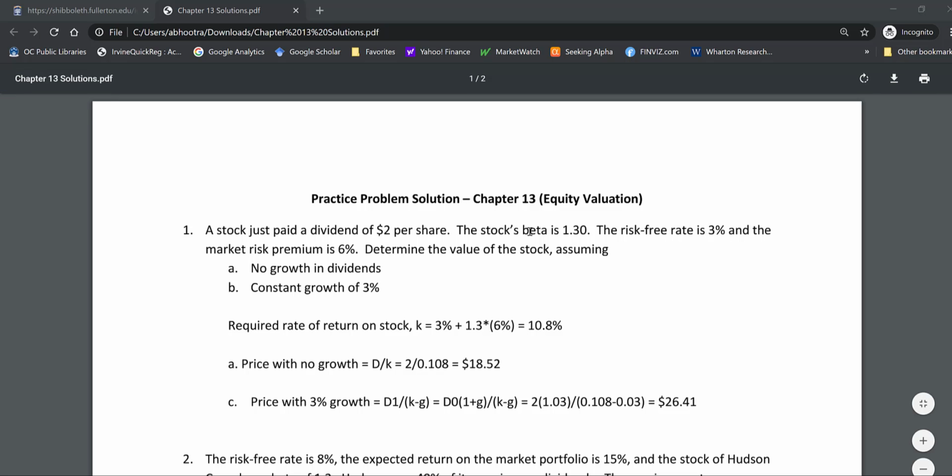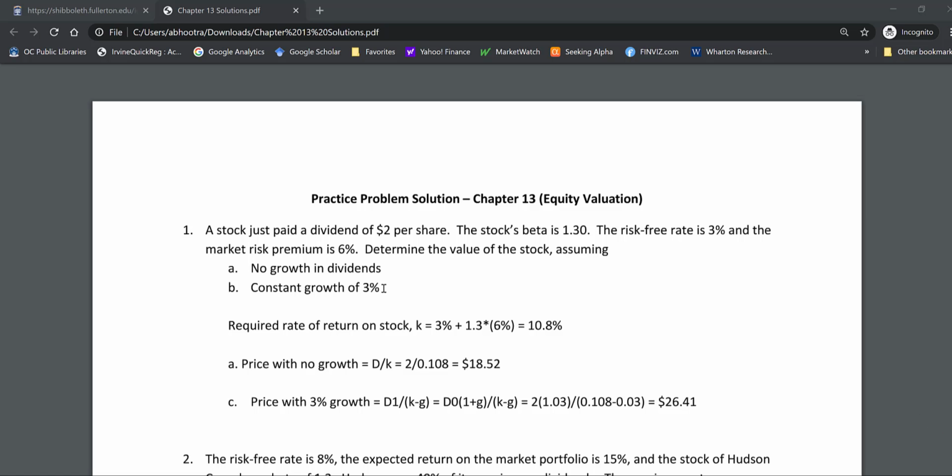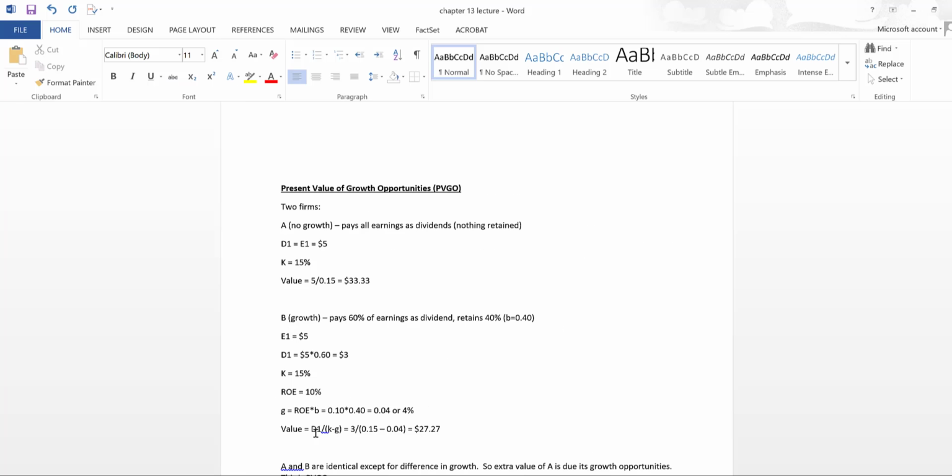So you have all the information for CAPM to compute the required rate of return. And you have to determine the value of the stock in the no growth case and in the constant growth of 3% case. Okay, so let's first start with computation of the required rate of return.